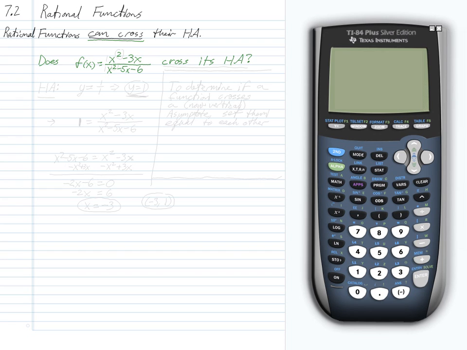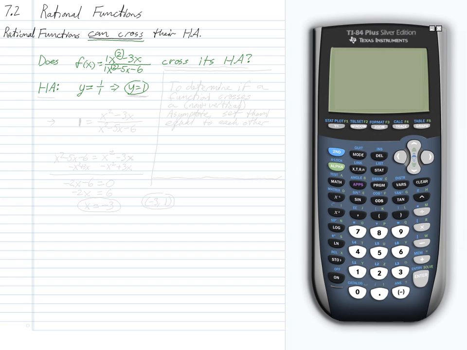So first, if we're going to answer this question, we need to find its horizontal asymptote, if it has one. Now we compare the degrees. This is a degree 2 polynomial over a degree 2 polynomial, so our horizontal asymptote is at y equals 1 over 1. In other words, y equals 1.